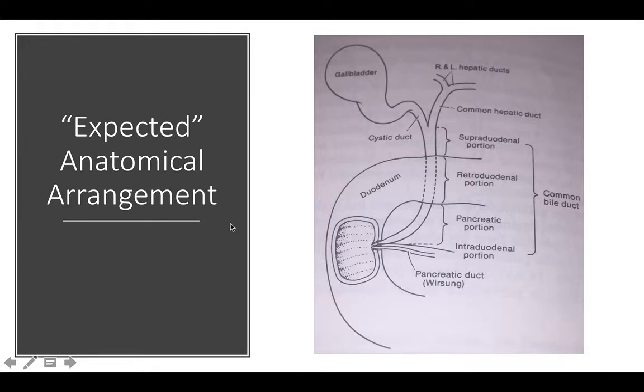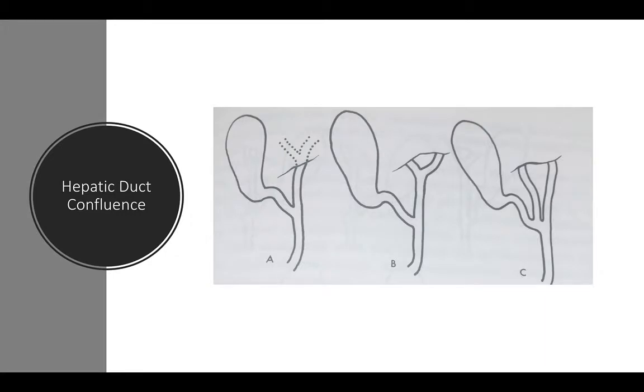However, as I will show in the next few slides, there is a great many variation to this, and I have essentially divided them into three main subgroups. The first group of the variation is the point of the confluence of the left and the right hepatic duct.